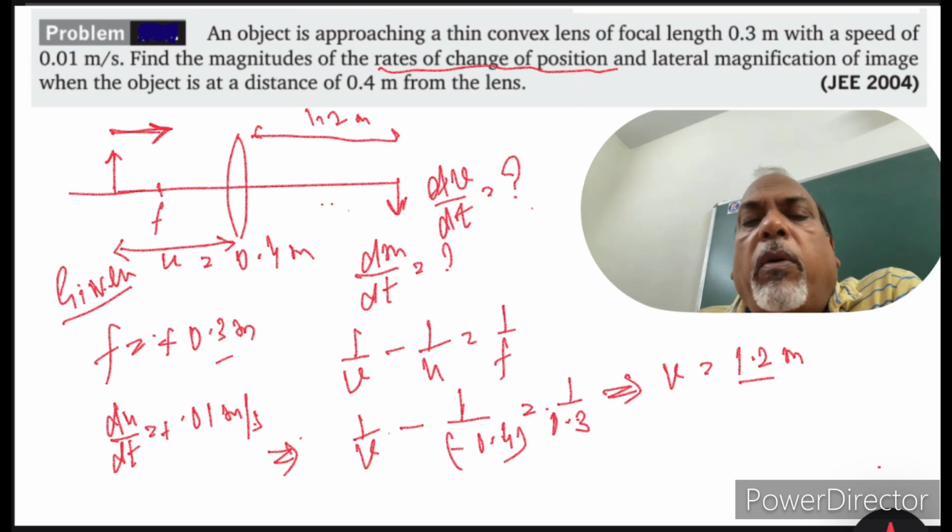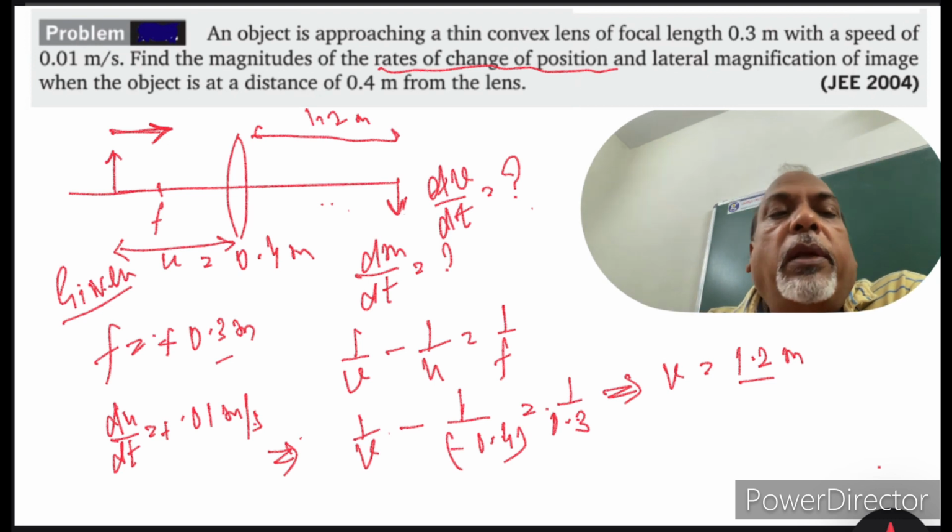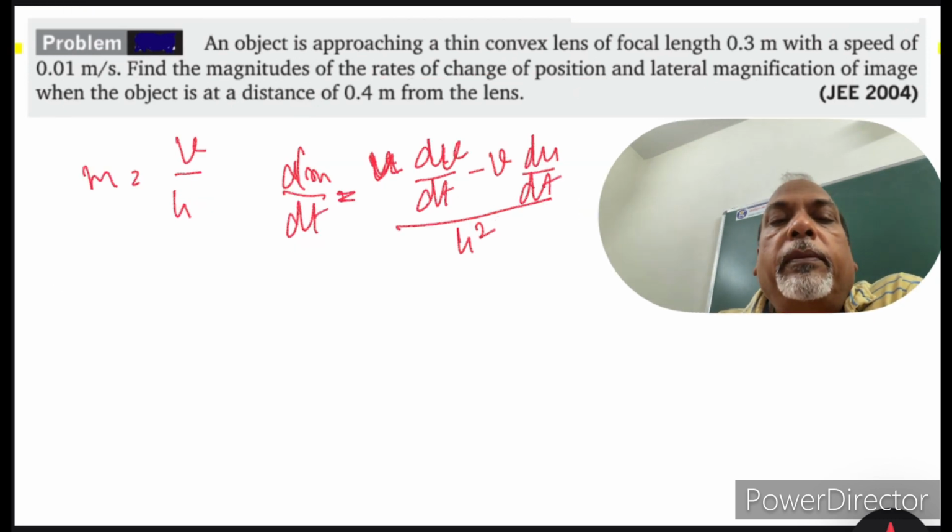Image we have found out, but what we have to find out is dv by dt. How are we going to find out that dv by dt? Let us see. dv by dt we can find out like this.